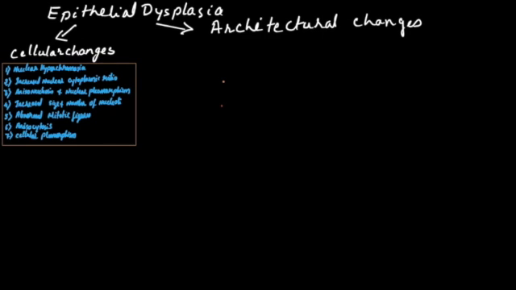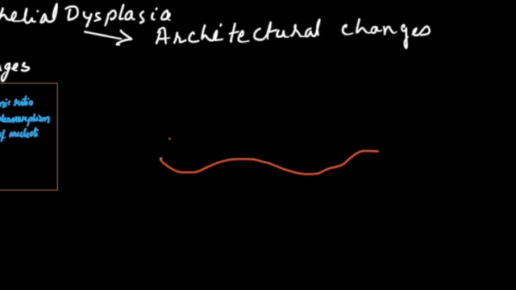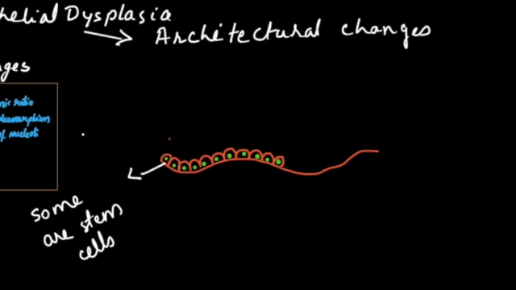Before we start with the discussion of architectural changes in epithelial dysplasia, let's first understand the exact architecture of the epithelium, that is from basal cells to superficial cells, how these cells are arranged. Here is the basement membrane and the basal cells. Some of the cells of the basal layer are stem cells, that's why they are called stratum germinativum.